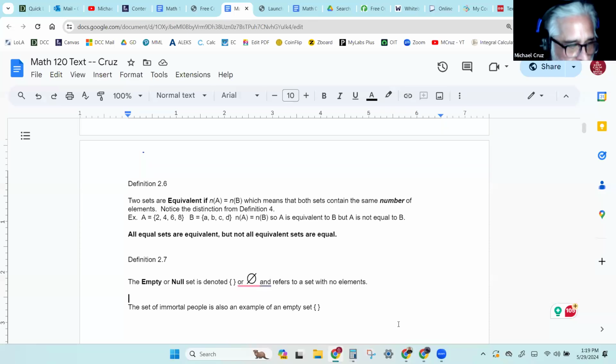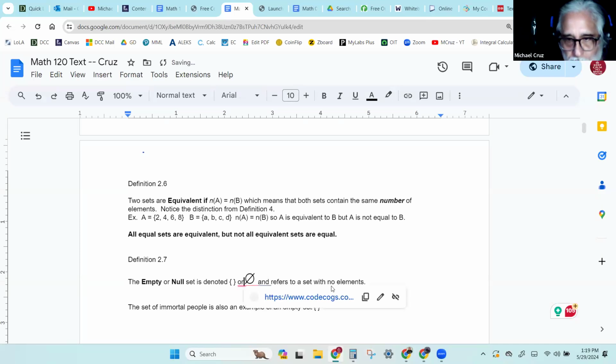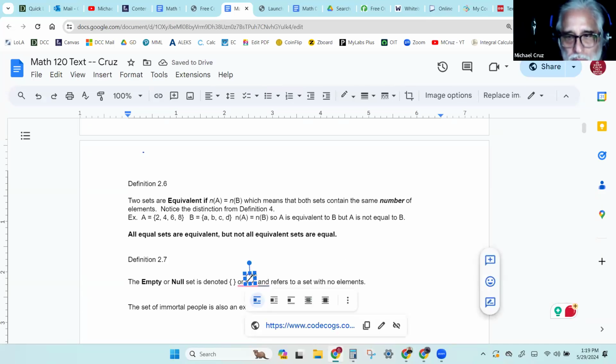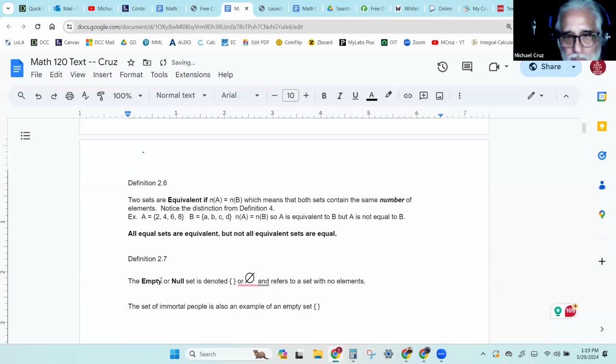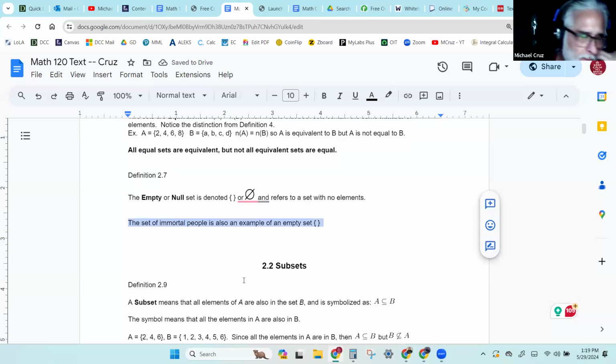In other words, Alex has got it in a toolbar because there's no key for that on the keyboard. So you can even write it out in the description. The set of immortal people is an example of an empty set because we don't have anybody to put inside of it.